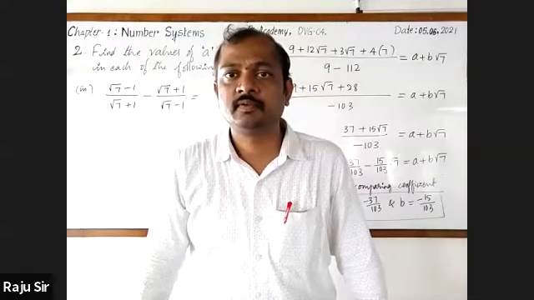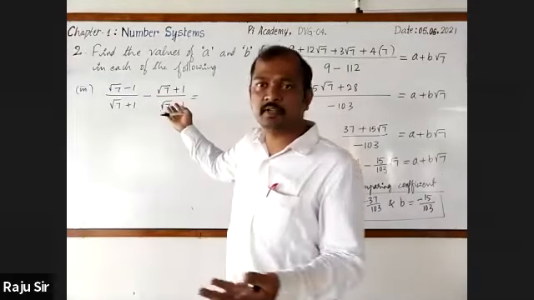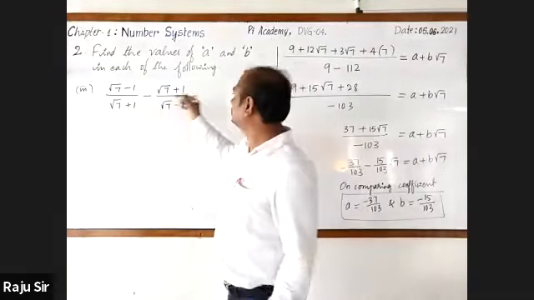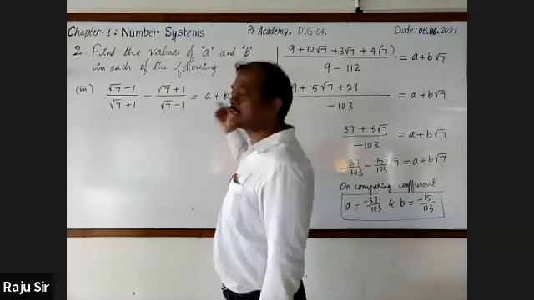Sarthak, you can try. Sir, A plus B root 7. Very good. Root 7 is there. Just by observing only, you can decide yourself. It is A plus B into root 7.